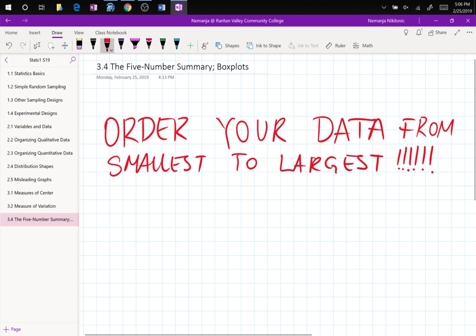So now, when your data is sorted from smallest to largest, we talk about the 5-number summary.